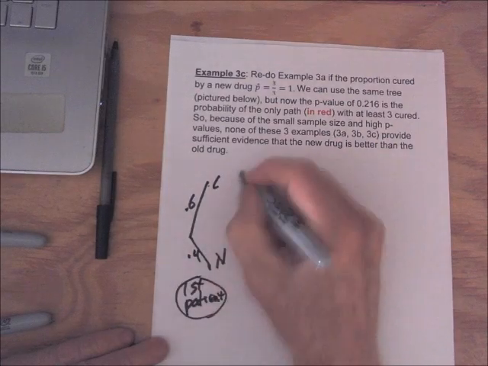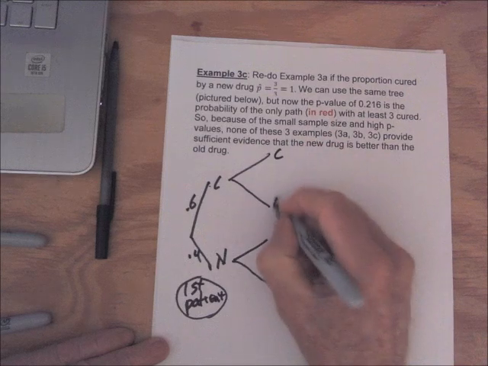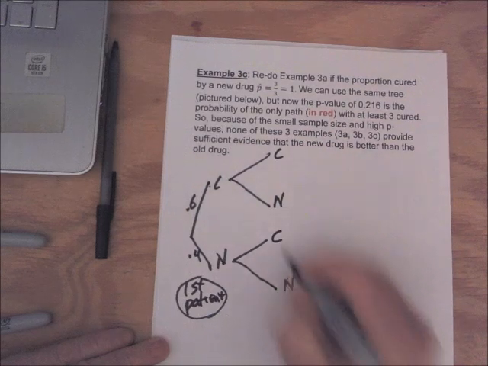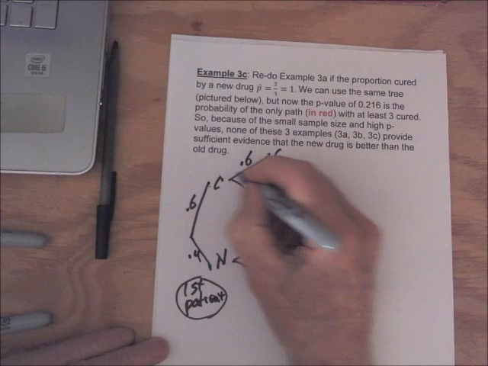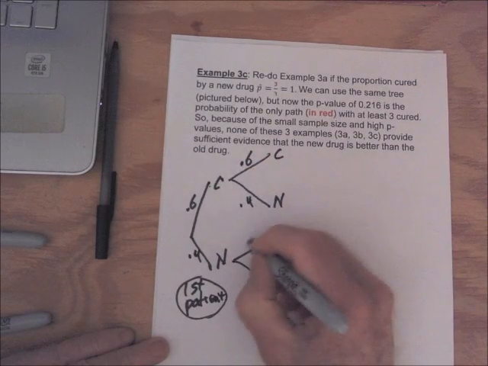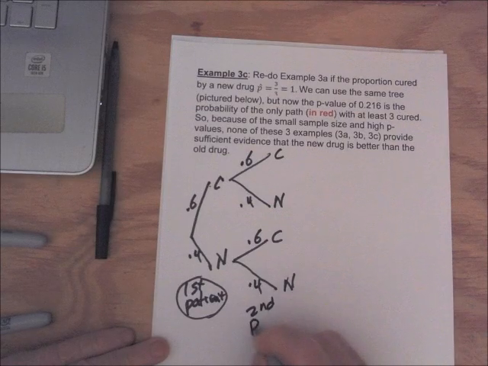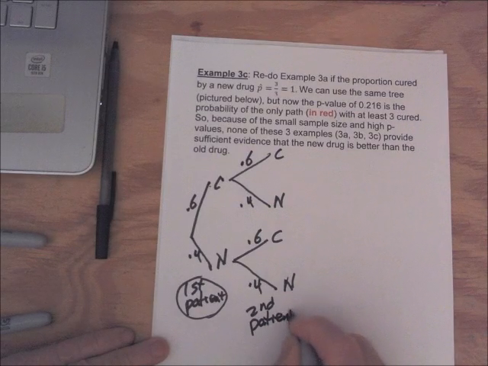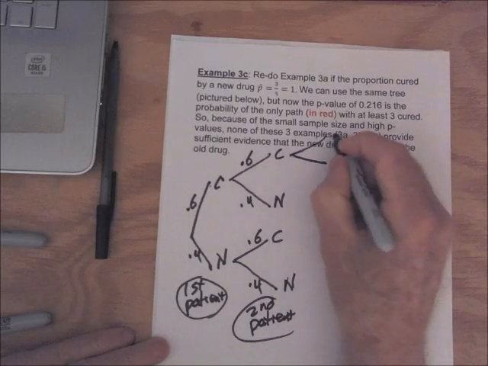And then the second patient also either cured or not, but now we have 4 possible outcomes. 0.6, 0.4, 0.6, 0.4. And the third patient also either cured or not.